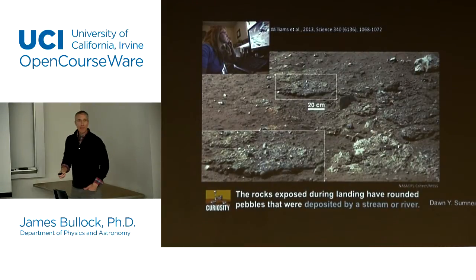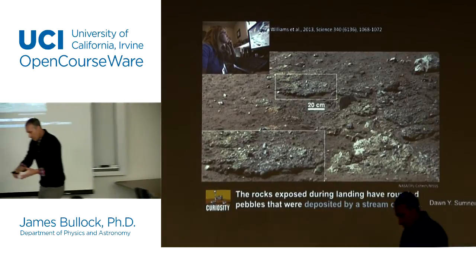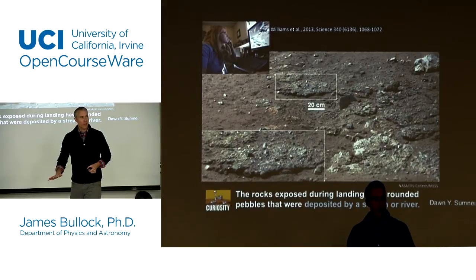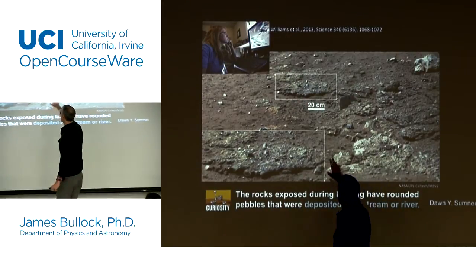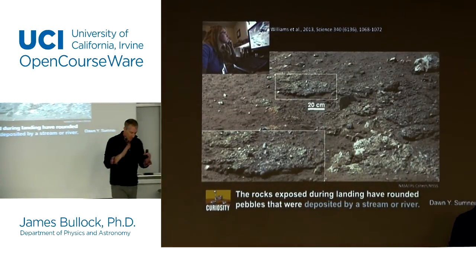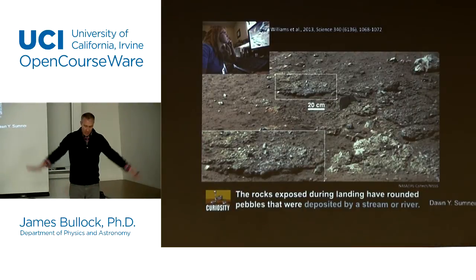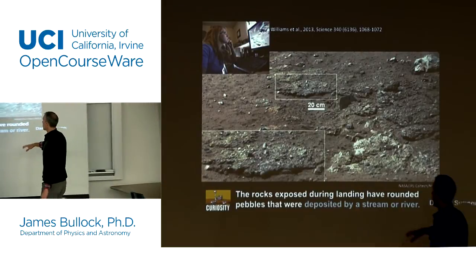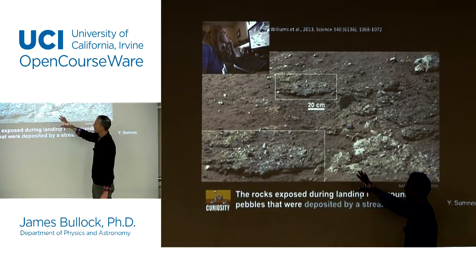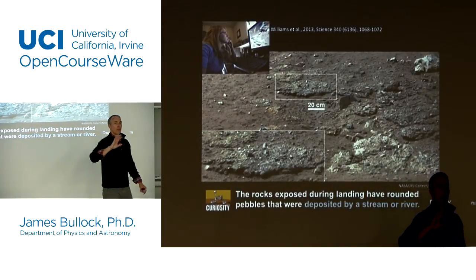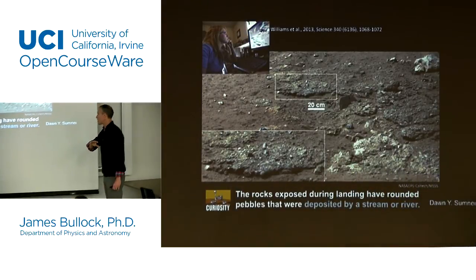Interestingly, when it came down like that, remember how it kicked up dust and it landed on the top? That actually uncovered some rocks that had been covered up in dust. So then they were able to take pictures of these rocks. Interestingly, the first thing they saw right when they landed on the surface of Mars, after the dust was blown off these rocks by the rockets, was that these were exactly the kind of pebbles that showed rounding in structure, which is exactly what you would expect for pebbles that had existed at the bottom of a stream or a river.